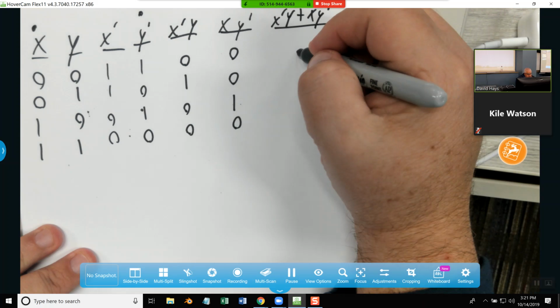Now implementing it, S is X prime Y, there's X prime Y, there's a plus, or X Y prime.